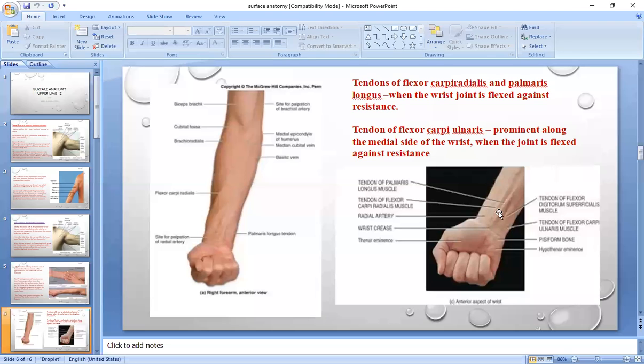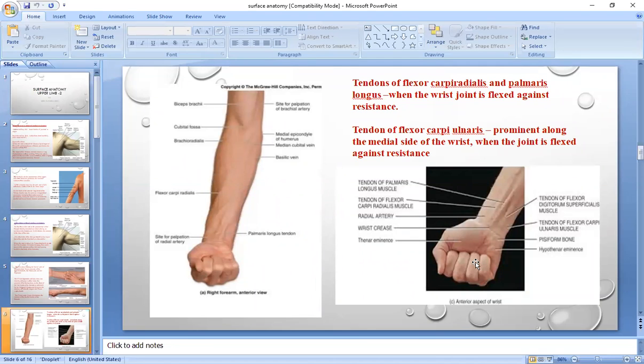If you see the most medial tendon, that is the palmaris longus. Just lateral to that, this is the flexor carpi radialis. Two tendons very prominent here. Medial one is the palmaris longus, lateral one is the flexor carpi radialis. So why am I stressing these two tendons?